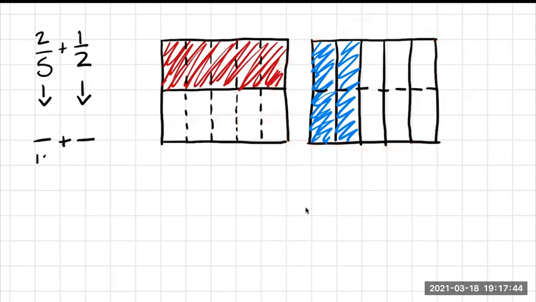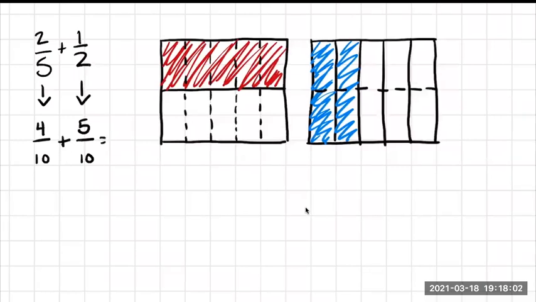New denominators are 10. And in my halves, I have 5/10 shaded. Oops, that's the wrong fraction. 5/10 shaded for 1/2 and 4/10 shaded for 2/5. And then I can go ahead and add my two fractions together, and we end up with 9/10.